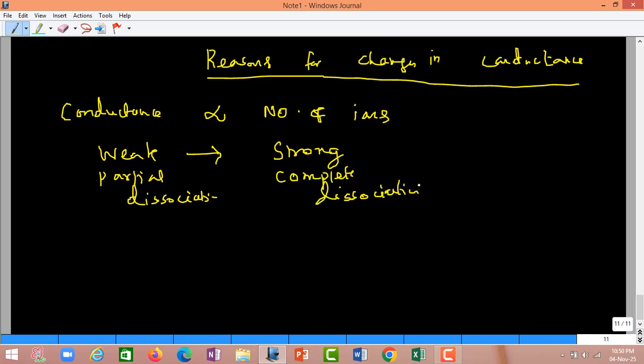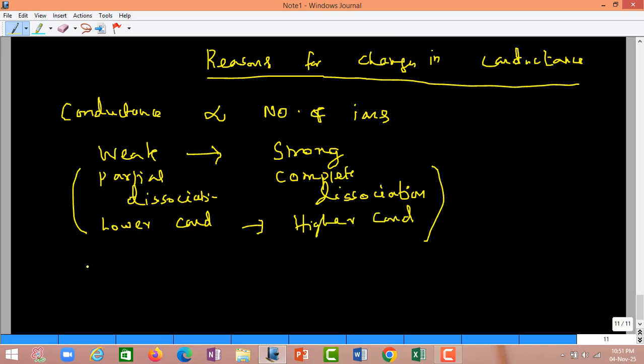The number of ions increases and the conductance also increases. So this will be lower conductance and this will be higher conductance.